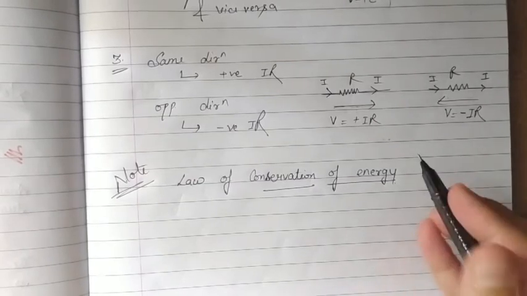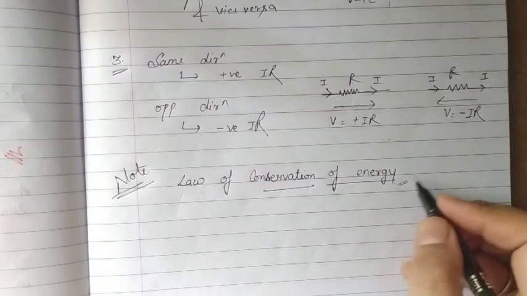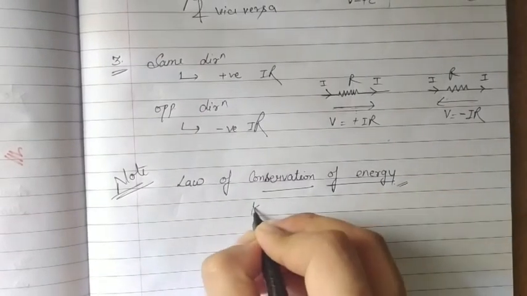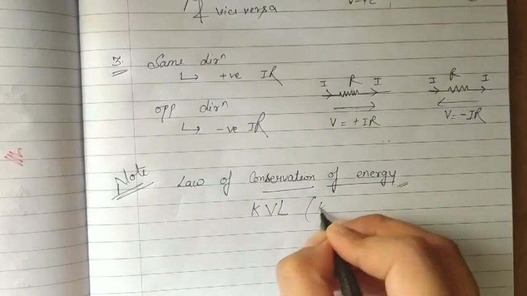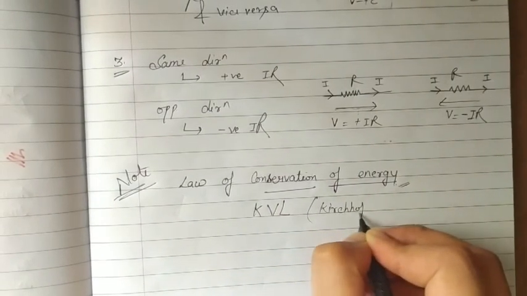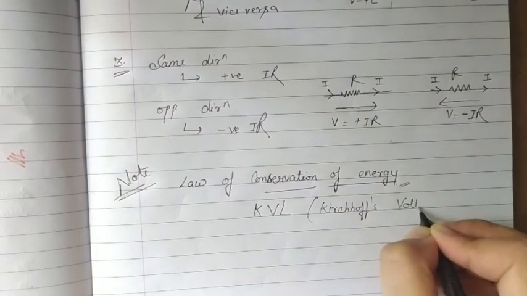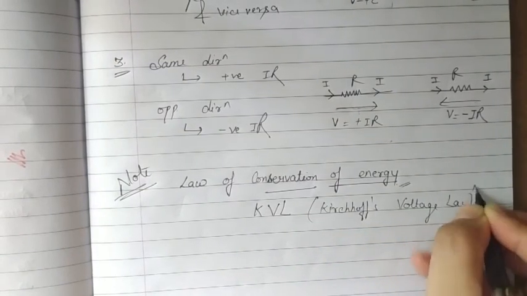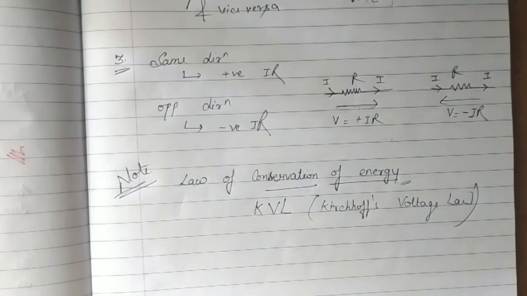So we say that Kirchhoff's second law, or Kirchhoff's loop law, or Kirchhoff's voltage law, is based on the law of conservation of energy, because electrostatic force is acting there, and these forces are conservative, and the work done by these forces along any closed path is zero, so energy remains conserved.